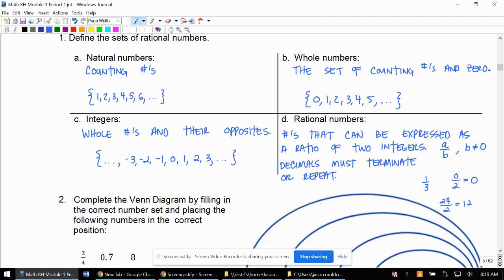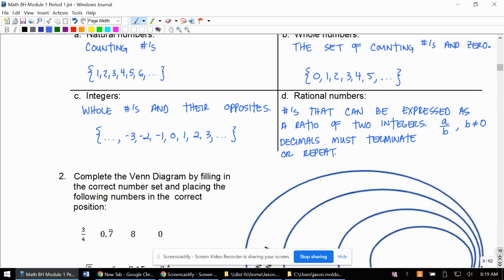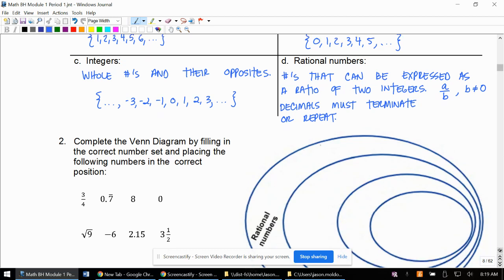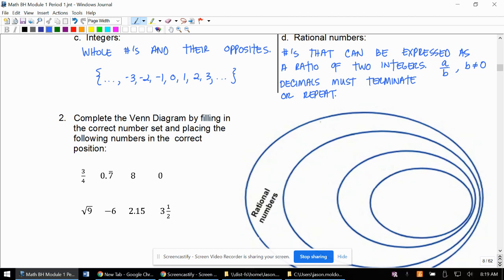So decimals must end, that's what terminate means, or they must repeat in order to be counted as rational, which then brings us to that classic number pi, which is not a rational number by definition. There are some fractions that are pretty close to giving us all the digits of pi, but there is not a fraction that's equal to pi, and pi does not stop and it doesn't repeat.